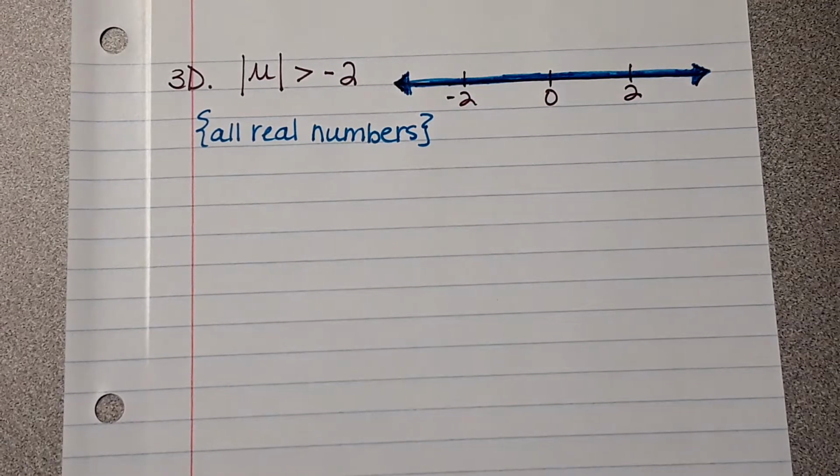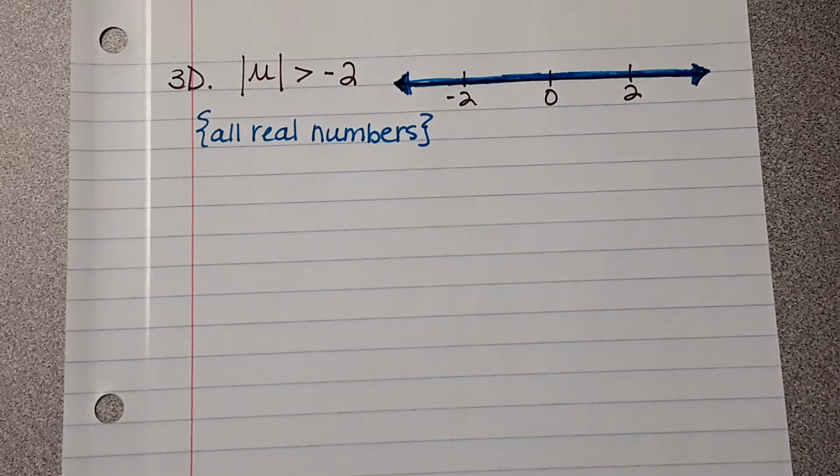So let's test it out, you guys. Let's test out -5. Is the absolute value of -5 greater than -2? It is. Let's test another one out. Let's test out 0. Is the absolute value of 0 greater than -2?